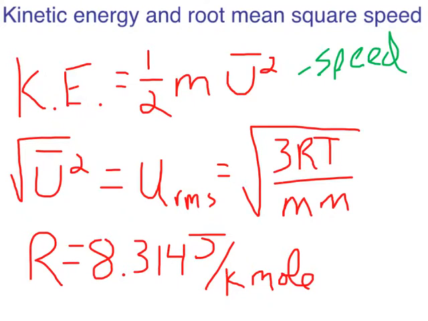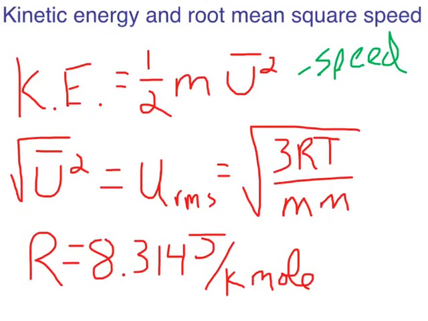We've talked about R before, but this is a different version of it. We'll talk about that in a second. So the speed of the substance is related to both the temperature and the molar mass of the substance. The constant that you use in this case is 8.314 joules per Kelvin mole.